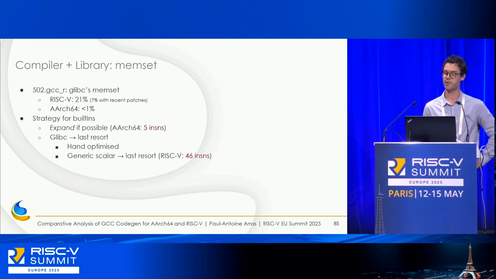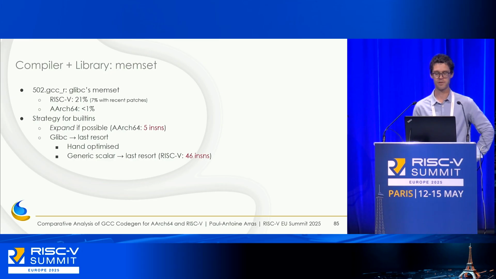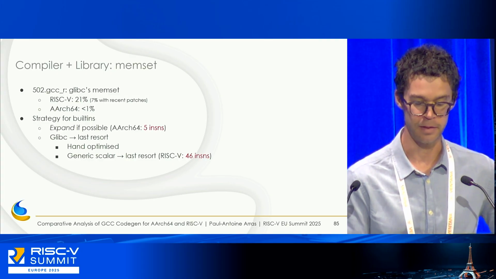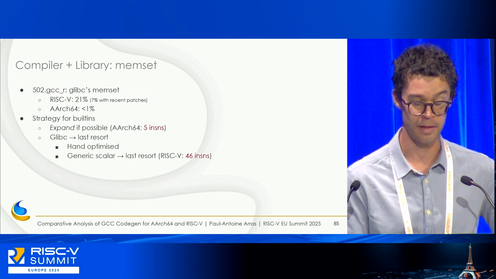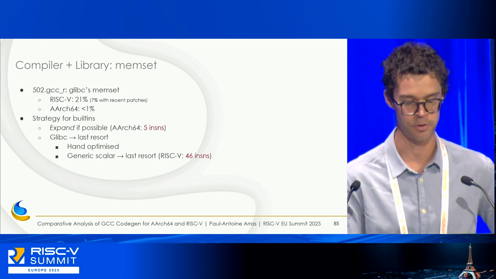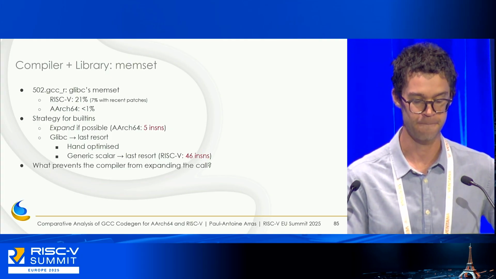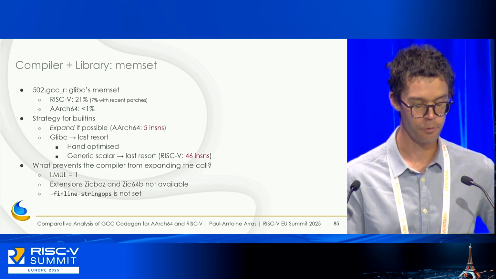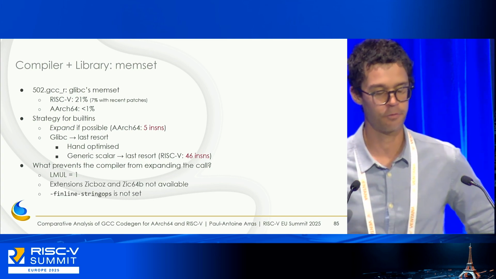But then, if it's not possible to expand, then a call to glibc is made, so either to a hand-optimized version of the function, or in last resort, to the generic scalar version. And that's what RISC-V is doing, and that results in 46 instructions, which makes quite a big difference compared to ARM. So there are a few things that prevent the compiler from expanding the call.